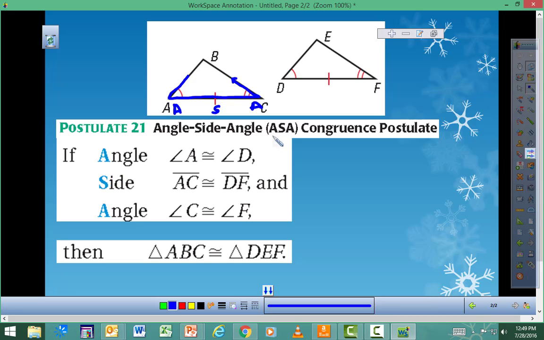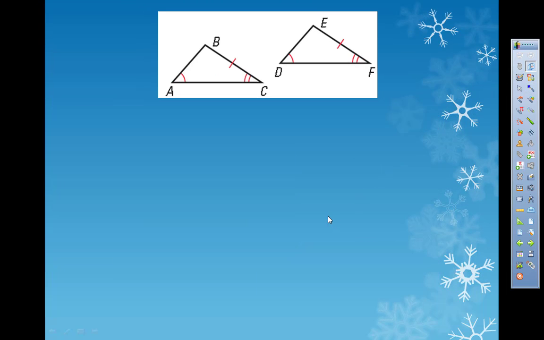In this case, the side is supposed to be between the two angles, what we call the included side, or I like to refer to it as the side in between the two angles. And as long as you have a corresponding triangle that has the same setup, angle side angle, then we can prove that those two triangles are indeed congruent. So pretty easy idea, I hope.